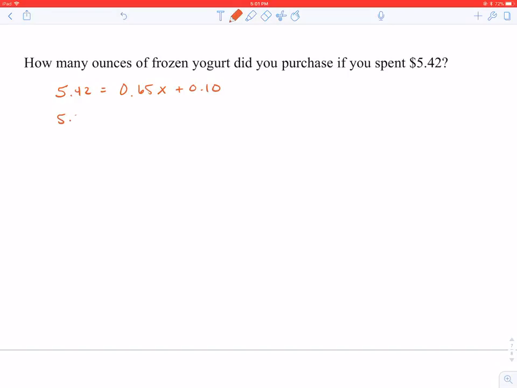Subtracting 0.1 from each side. Okay, so this ratio is the exact value of the number of ounces, but if you pop this into your calculator, I believe you get 8.185, and that's ounces.